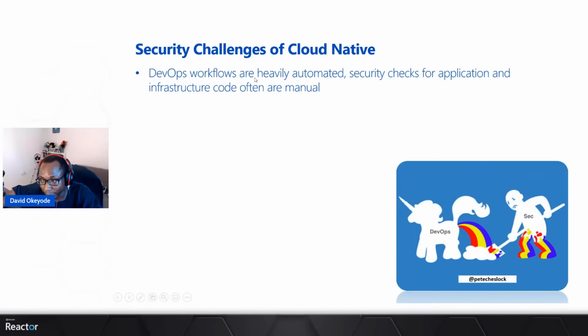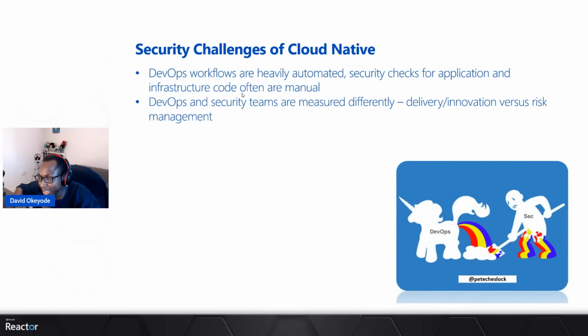DevOps workflows are heavily automated, and for many organizations, security checks for applications and infrastructure code are still relatively manual, which means they're not able to scale, which means they're probably dropping the ball somewhere. DevOps and security teams are also measured differently.